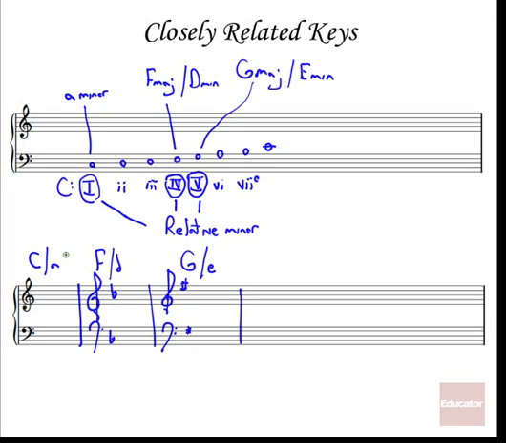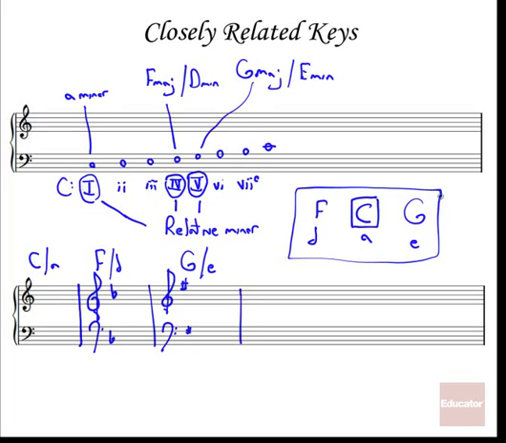So in the end, we've got C major, and it's closely related to A minor, F major, D minor, G major, and E minor. And this will hold true for any key that we choose.